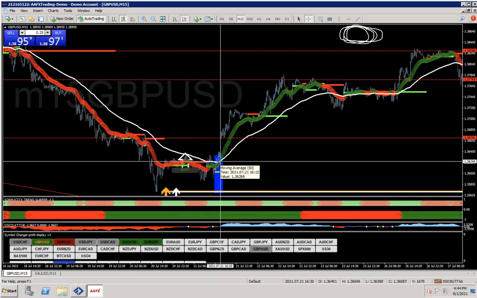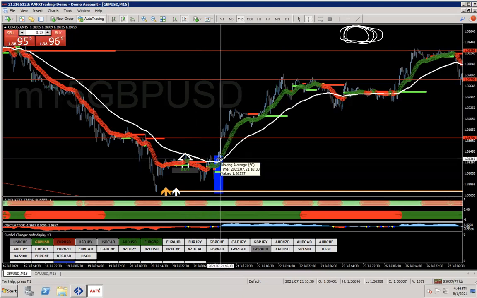I'll be honest with you, a lot of things break out either at 8 a.m. Eastern when the New York Forex market opens, or at 9:30 a.m. when the New York Stock Exchange opens.